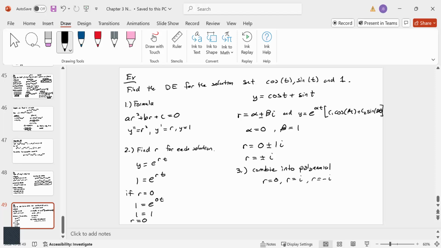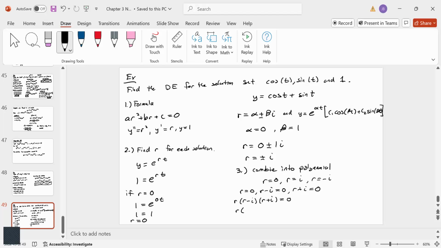So we get r equals 0, r minus i equals 0, and r plus i equals 0. Because they all equal 0, we can multiply them together because we're making a polynomial. So r times r minus i times r plus i equals 0. Then if I FOIL these and multiply them all together, I get r.